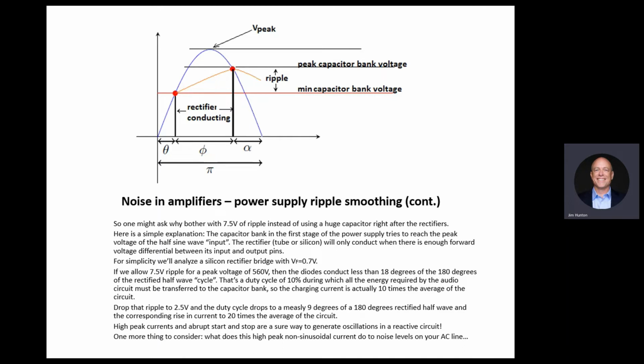This can be 100 amps if you cut down the time that the capacitor bank can actually be charged. If you allow more ripple, like higher swing down to the level of what the capacitors maintain, then you have a wider time frame that you can conduct, and you lower the current.